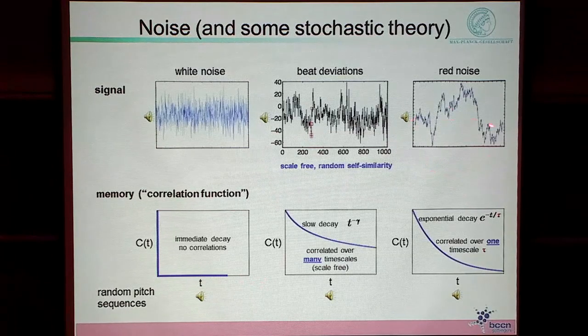Here, looking at this more exactly, we find that this correlation function, this memory, decays exponentially. And so there is a time scale tau over which this memory is correlated. But here, for this type of signal, we have an algebraic decay.